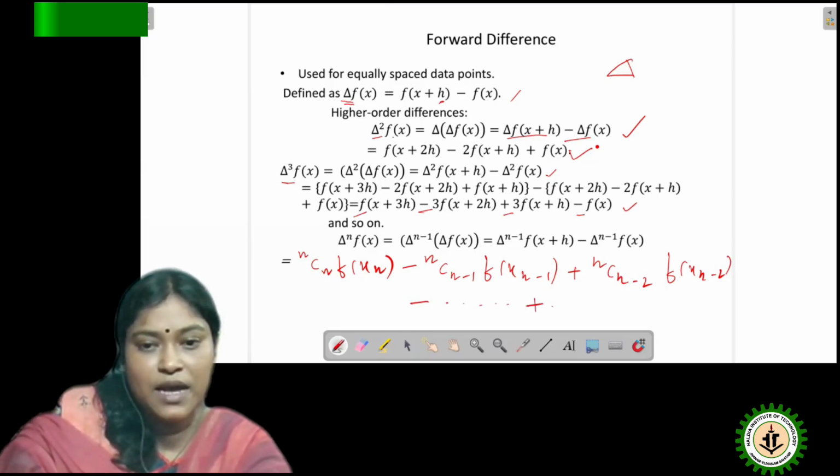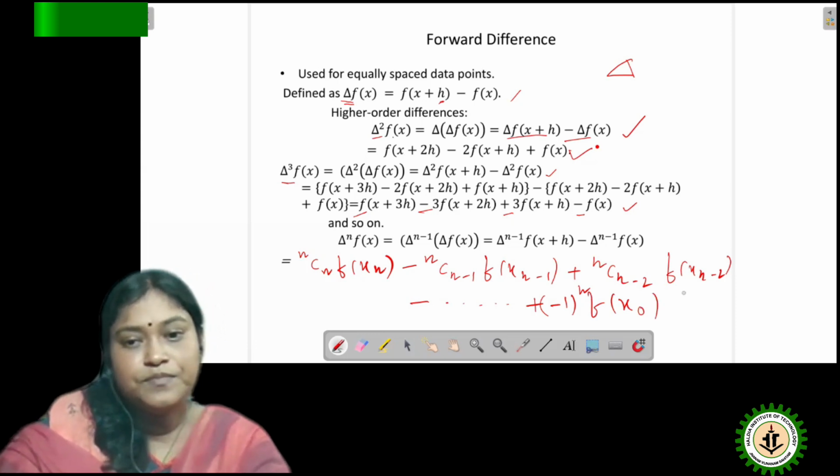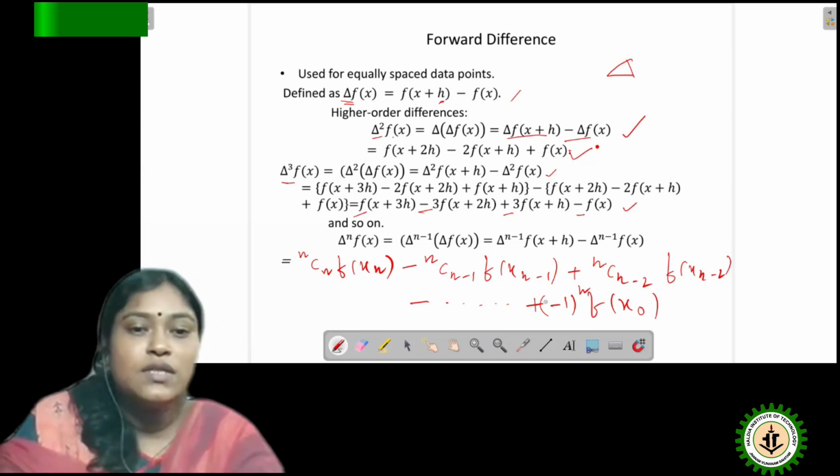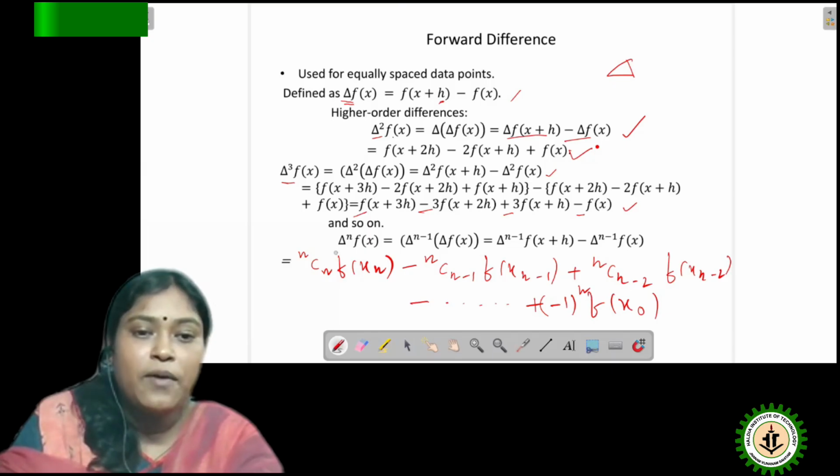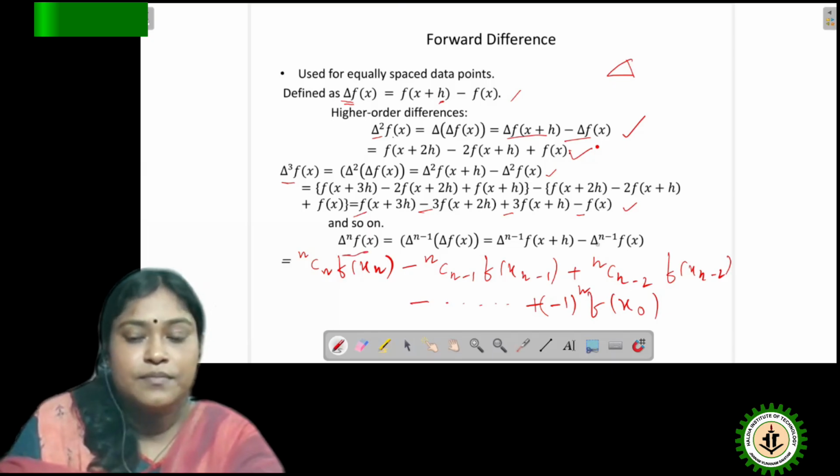The last term will be minus 1 to the power n f(x0). So this will be the value for delta to the power n f(x).